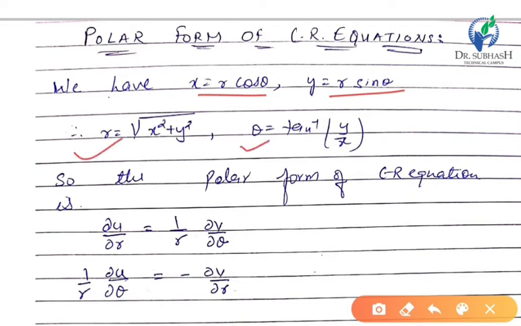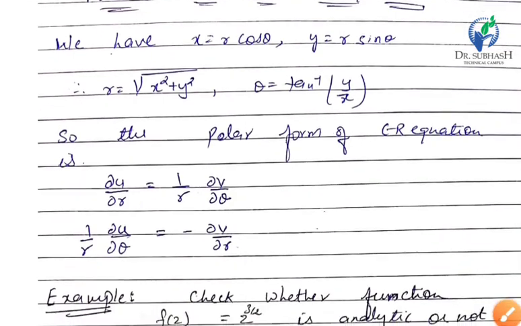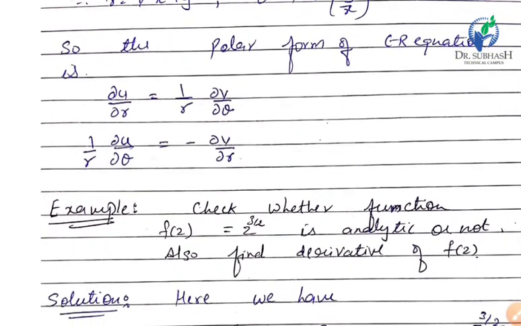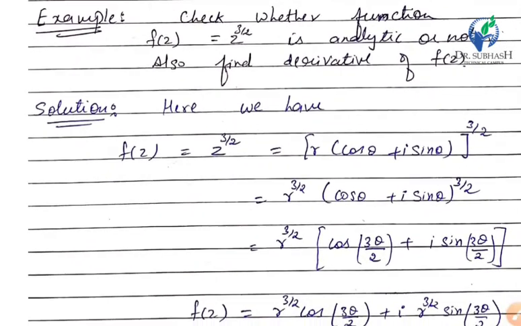Now the polar form of CR equation is del u upon del r equal to 1 upon r del v upon del theta, and 1 upon r del u upon del theta equal to minus del v upon del r. This is the equation which we need to remember in polar form. Now let us take one example.